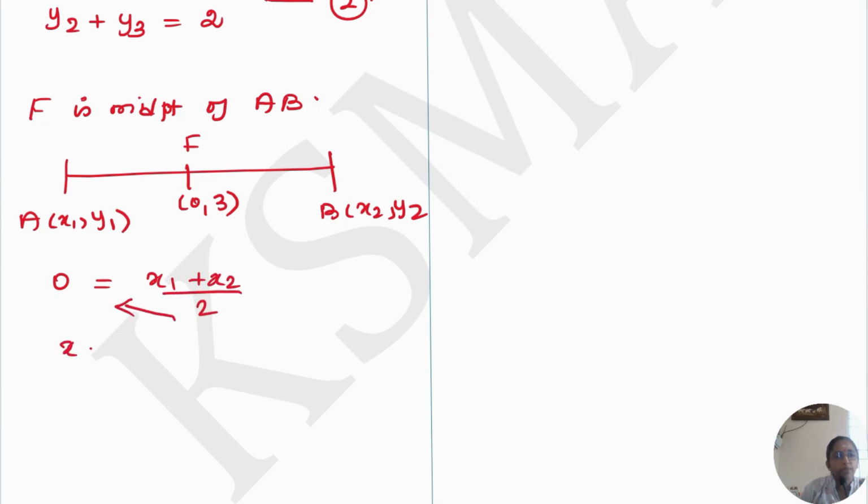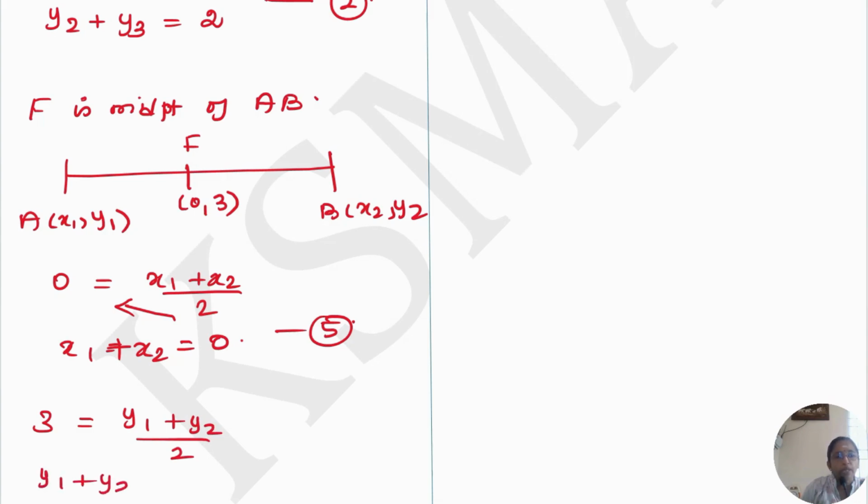So do your cross multiplication. So x1 plus x2 is equal to 0. Okay, this is our equation number 5. And similarly the y data, 3 is equal to (y1 plus y2) divided by 2. So y1 plus y2 is equal to 3 twos are 6. So this is equation number 6.